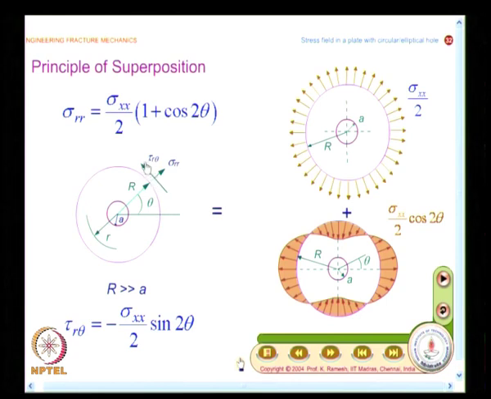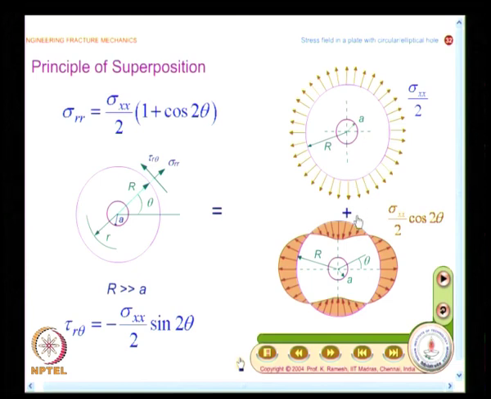So, whatever you have as the boundary condition on this hole could be thought of as a superposition of two problems. Here I have sigma XX by 2, look at this as an annular plate with sigma XX by 2 acting uniformly all over the boundary. This is one problem. For this you already have a solution, this is nothing but your Lame's problem.